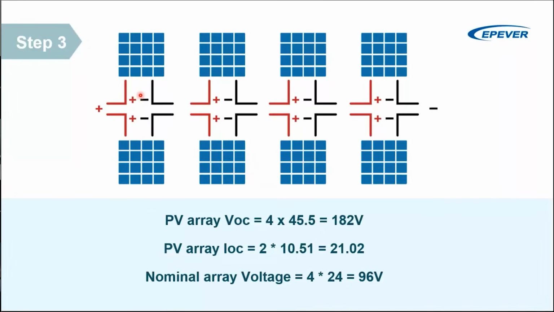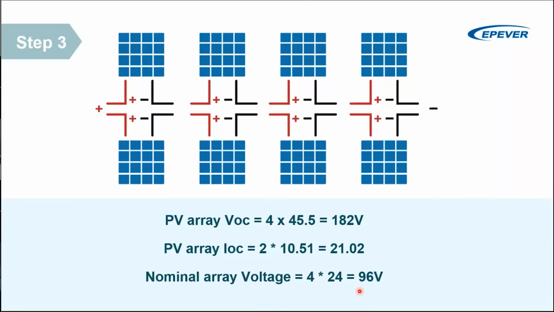So in this example, I choose strings of 4 panels in series, and I select 2 strings of 4 panels. This means that the PV array's VOC is one panel's voltage multiplied by 4, which is 182 volts, and the ISC, based on Kirchhoff's law, is 2 times one panel's ISC, which is 21. The nominal array voltage is considered to be 96 volts, so it's high enough to charge the 48 volt battery system.